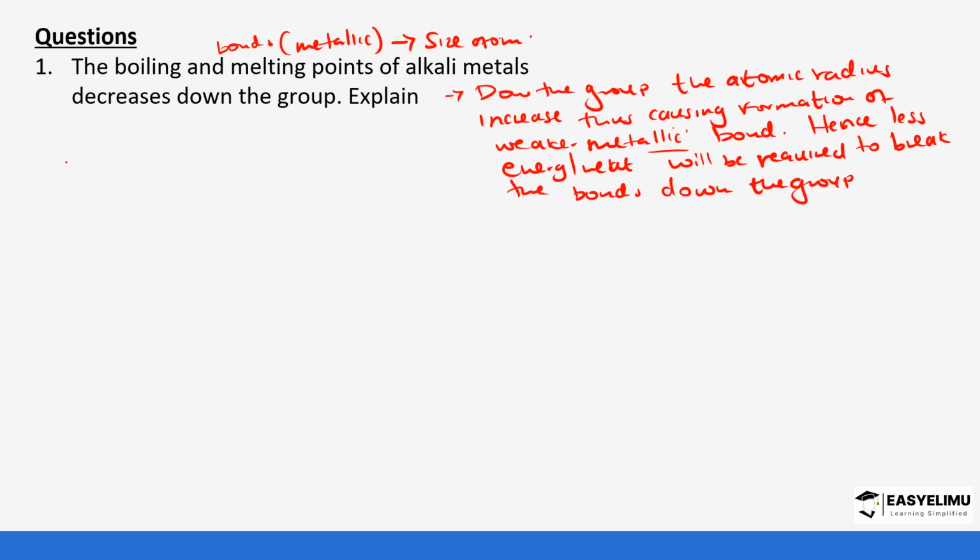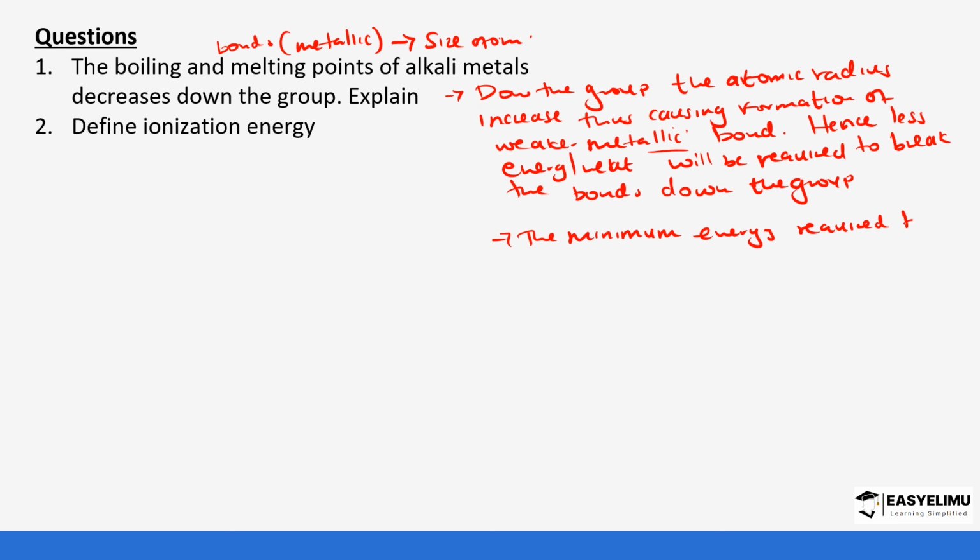The next question is defining ionization energy. So ionization energy is the minimum energy required to remove the outermost electron from an atom in gaseous state.